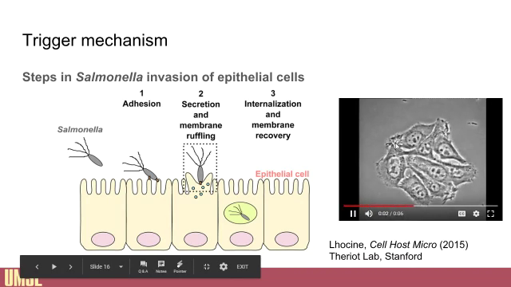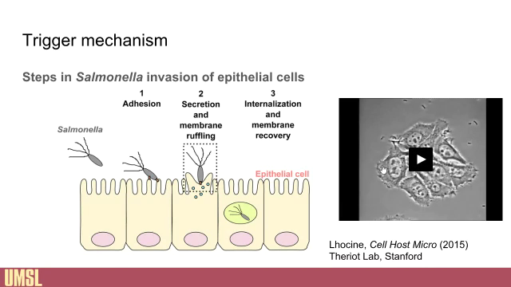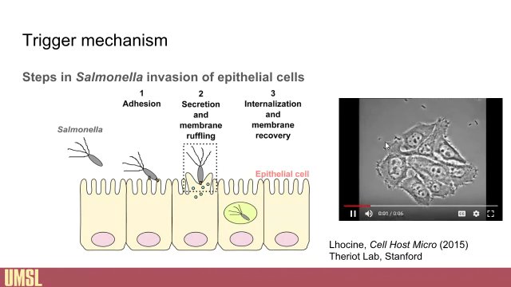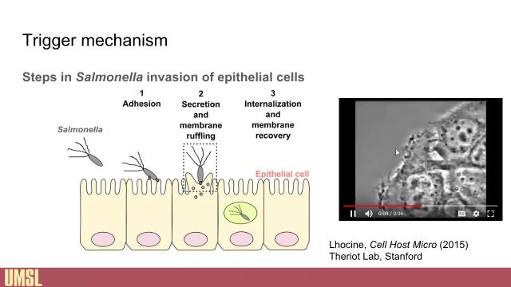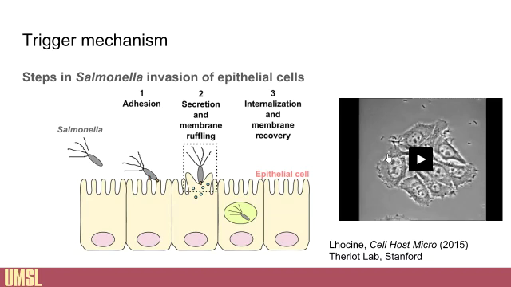This is a Salmonella cell that has interacted with an enterocyte in tissue culture, and the membrane ruffling is essentially the membrane going nuts and forming an endosome and then stopping. What we saw in this picture is a time lapse, right?